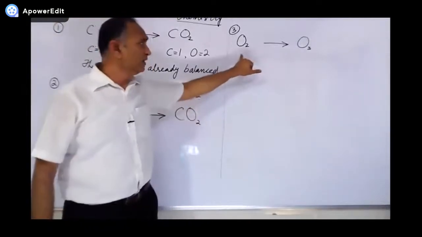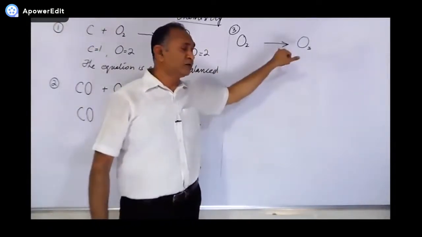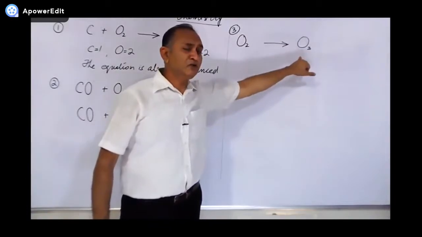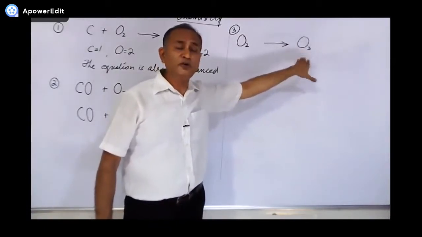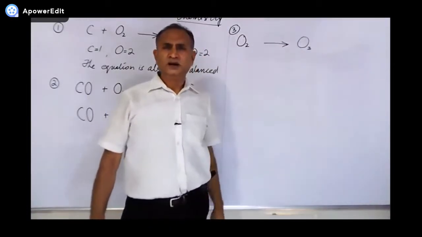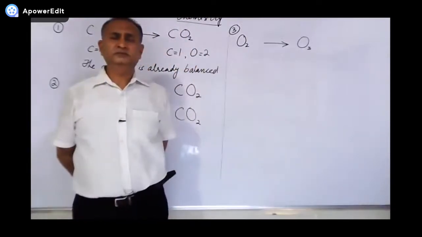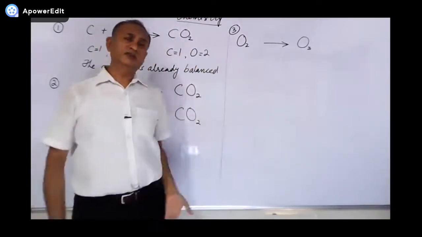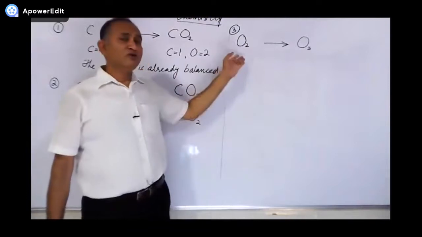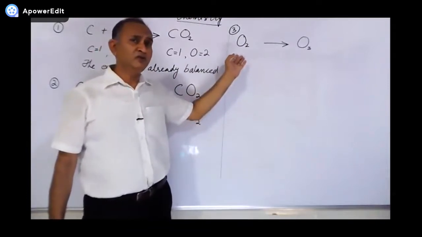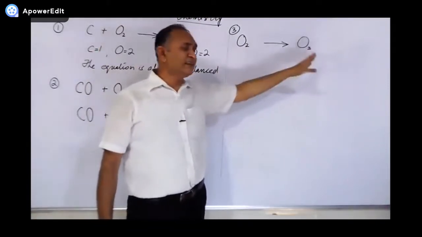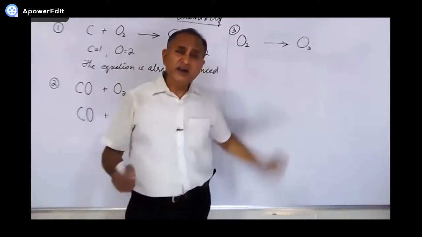Oxygen molecule in the upper atmosphere is converting into O3. O3 is called ozone. Is it a balanced equation? Obviously it's not. We have how many oxygen on the left side? 2. How many oxygen on the right side? 3. Now here comes a point.